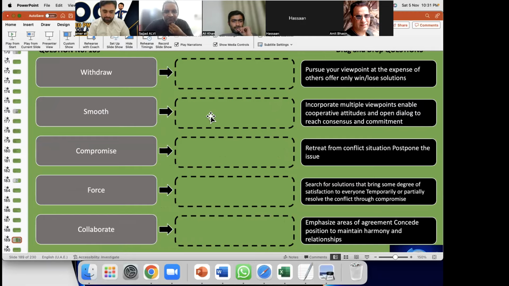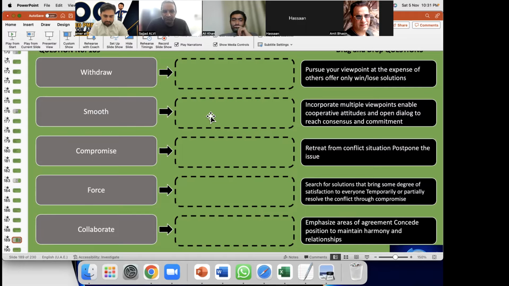Withdraw, smooth, compromise, force, collaborate. Pursue your viewpoint at the expense of others, offering only a win-lose situation. Incorporate multiple viewpoints, enable cooperative attitudes and open dialogue to reach consensus and commitment. Retreat from a conflict situation, postpone the issue.